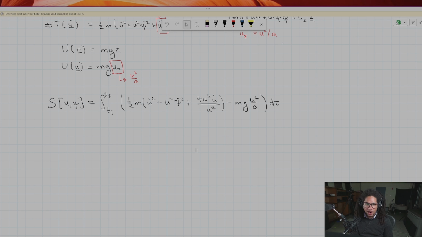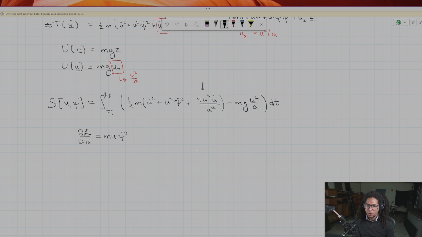Okay, just for practice, let's finish getting the Euler-Lagrange equations. So we're going to need to get one for u and one for psi. Let me just do those separately in this case. So dL/du is going to be equal to, well, we get one from this term. That's going to give us m u psi dot squared. We get another from this term. The 4 cancels the 2 down to a 2.